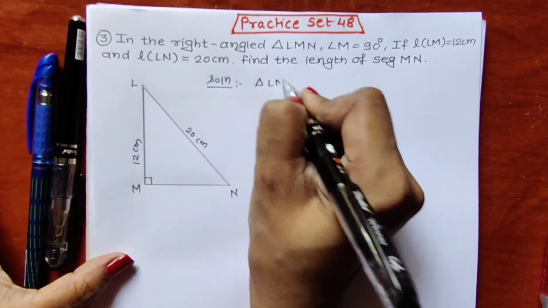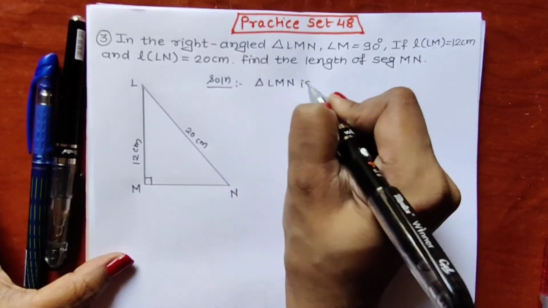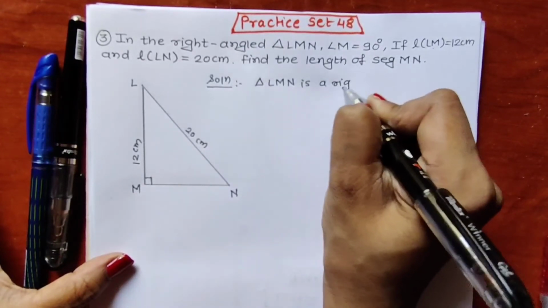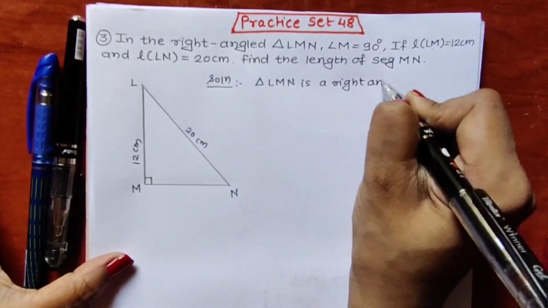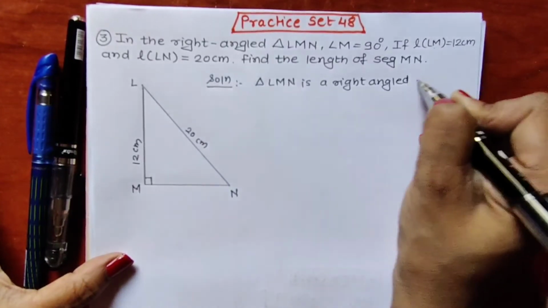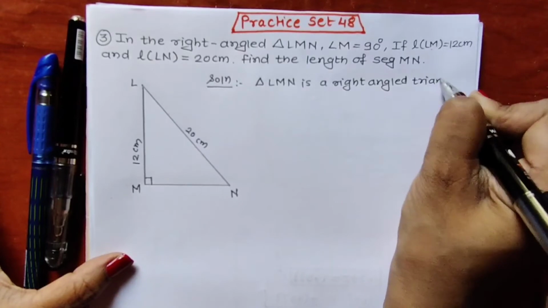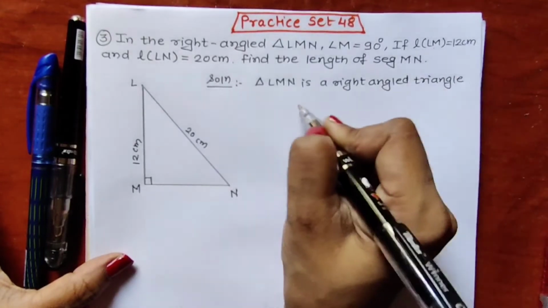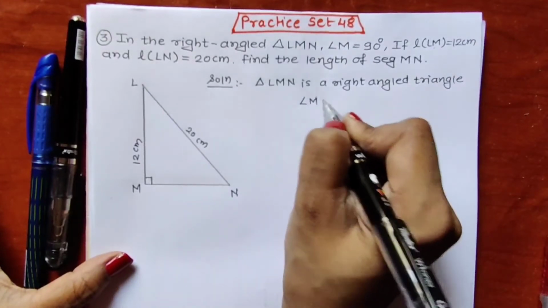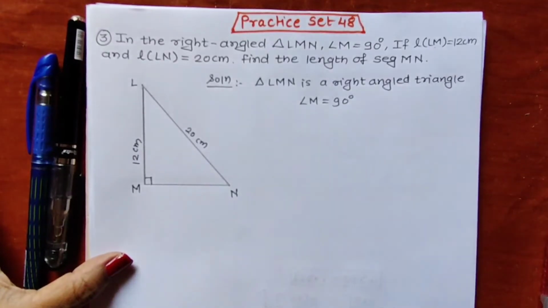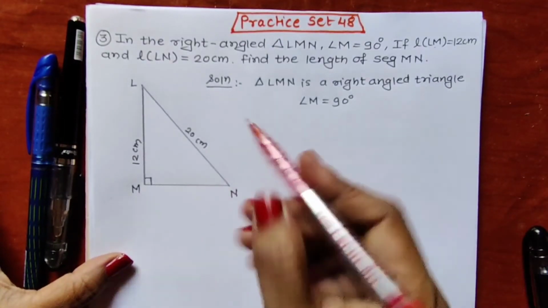Triangle LMN is a right angled triangle, where angle M is equal to 90 degree. Now what should be written next? By Pythagoras theorem.